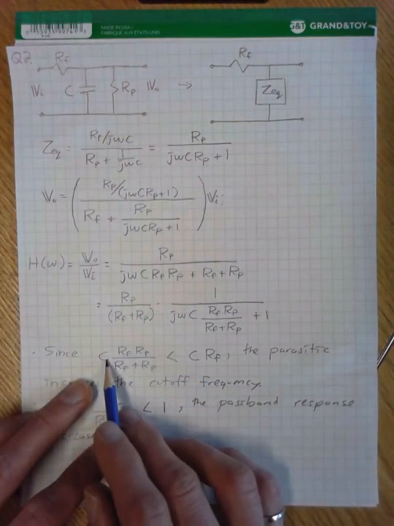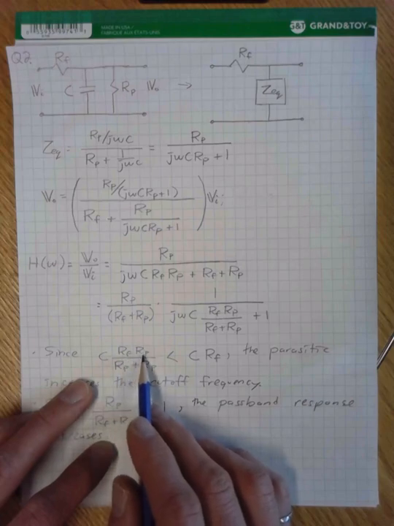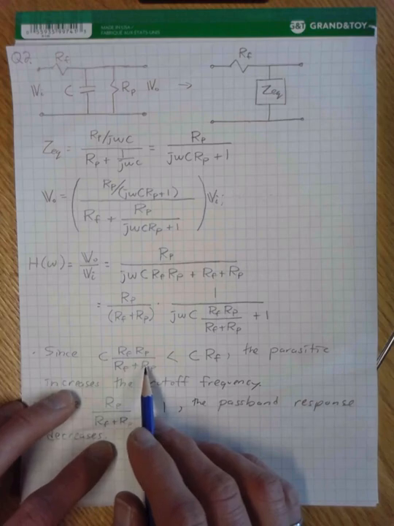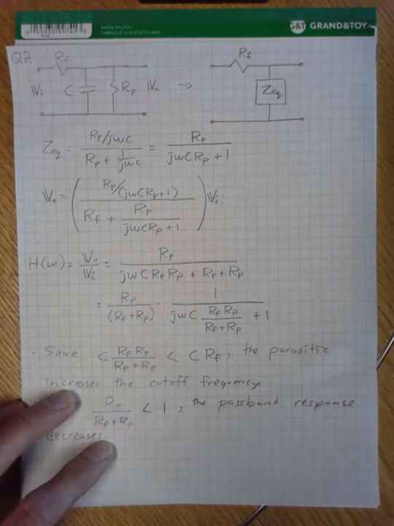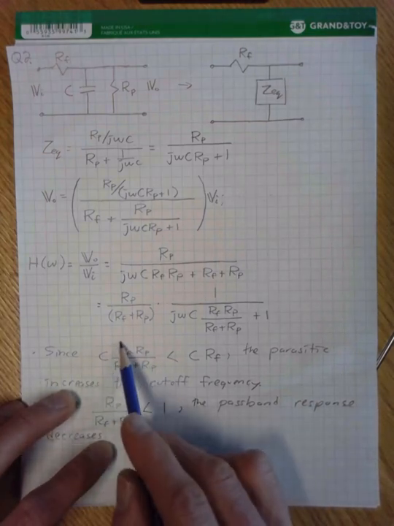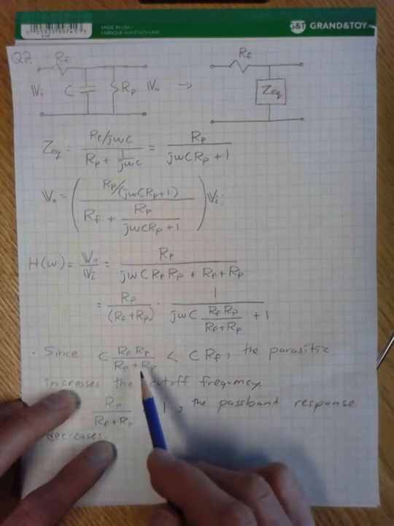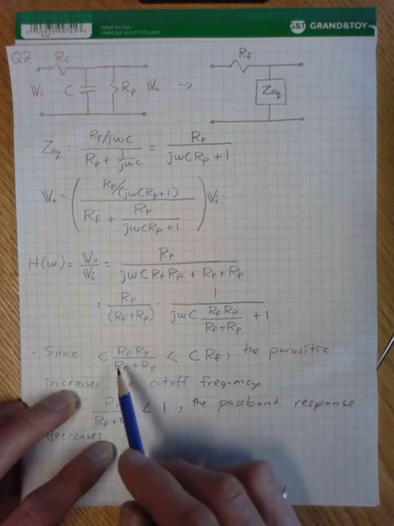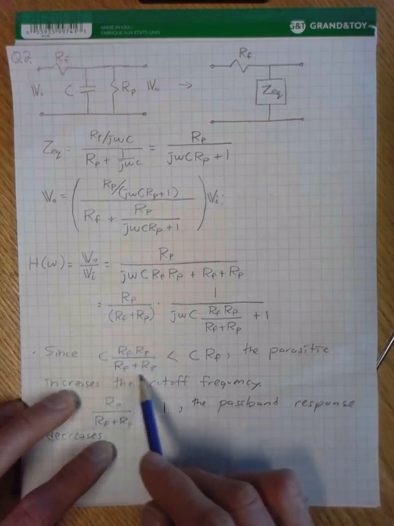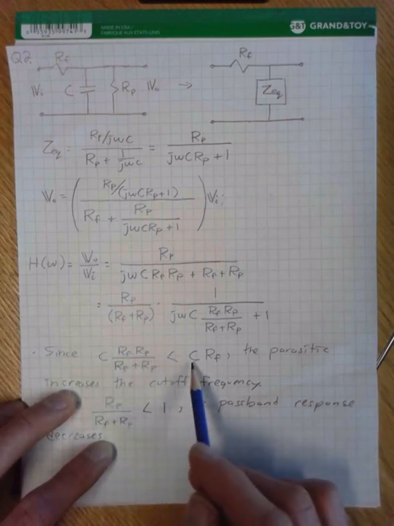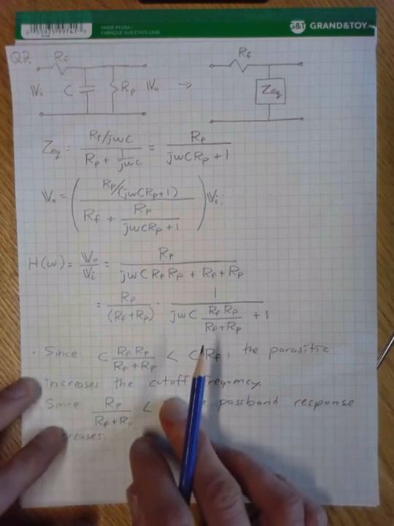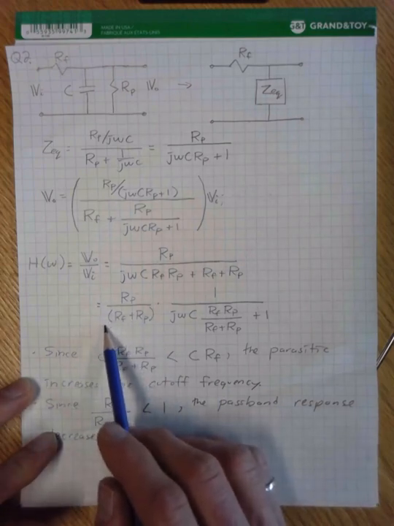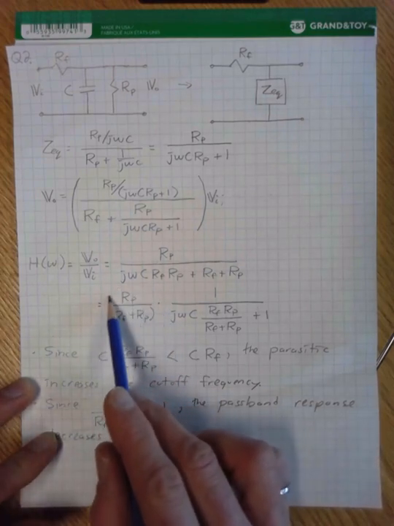But we've got C times the filter resistance in parallel with the parasitic resistance. When you put two resistances in parallel, this is the formula, the result is always smaller than the individual resistance values. So this term is always going to be smaller than this term, and as a result, the cutoff frequency is going to increase.